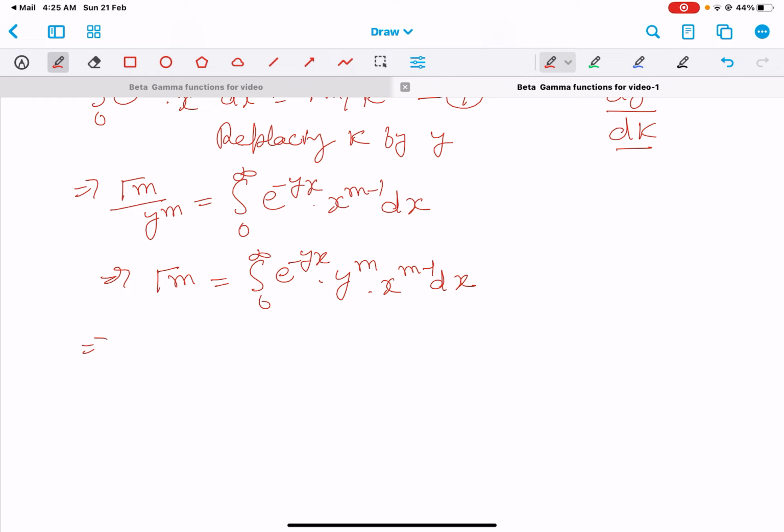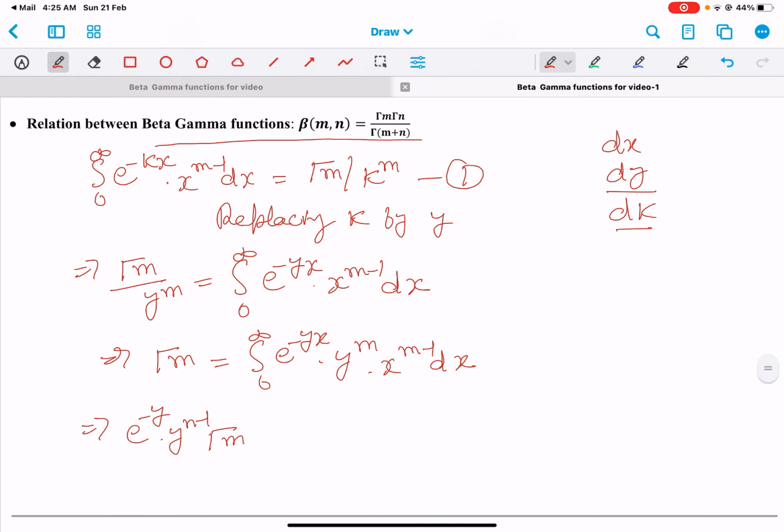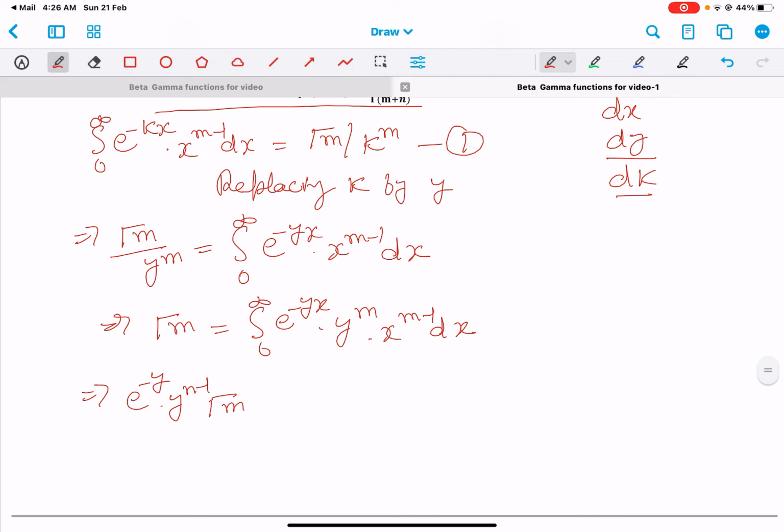I am now multiplying both sides with e to the power minus y into y to the power n minus 1. You will understand the reason, because I am trying to make the numerator gamma m into gamma n. So to make it gamma n, I'm multiplying by this term, and later I'll be integrating within the limit 0 to infinity.